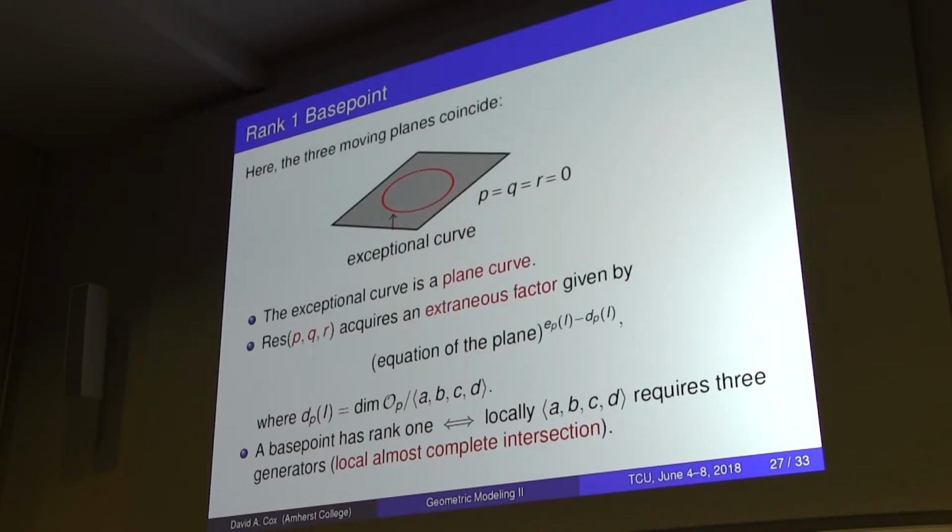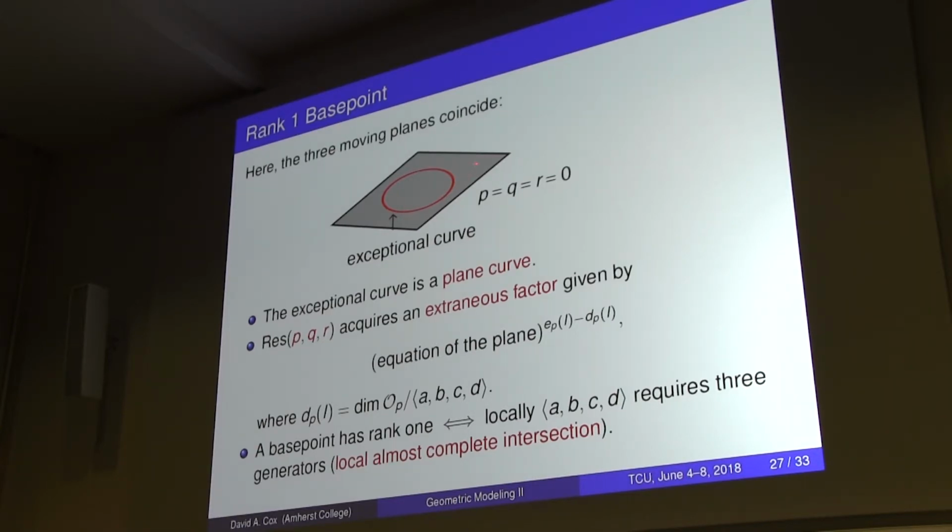Now, what happens at a rank 1 base point? Well, that matrix has rank 1, which basically says the 3 moving planes all actually coincide. This is the case where the exceptional curve is a plane curve, and it lies in this plane given by the 3 moving planes.